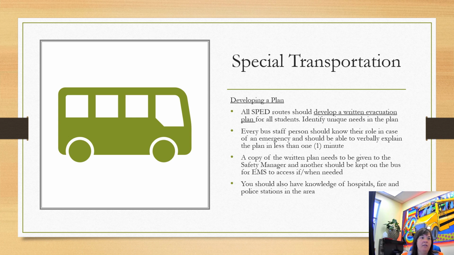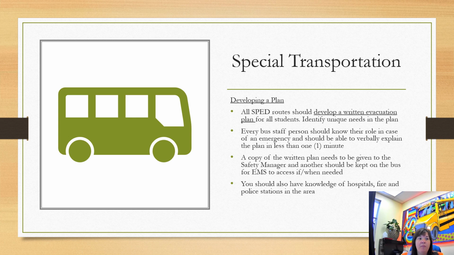All of the special transportation routes should develop a written evacuation plan for your students, identifying the unique needs in the plan. So if you have a student that's hearing impaired, that should be documented in the plan. If you have a student that uses a walker, those are the sorts of things that need to be documented in your plan.